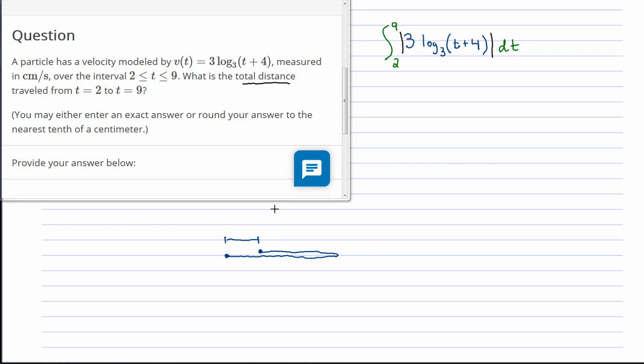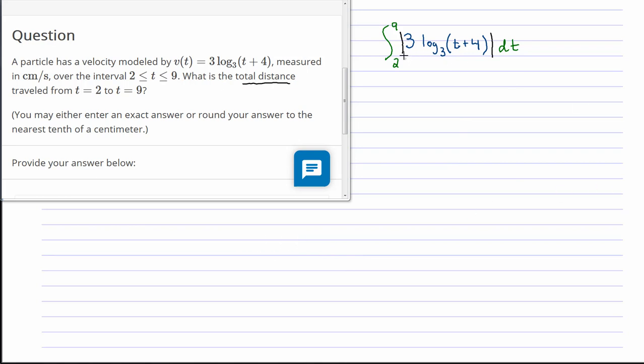It's a subtle difference between net change and total distance, but we've talked about that before. So what we have to do is evaluate this integral, because the total distance traveled is the integral of the absolute value of the velocity function.